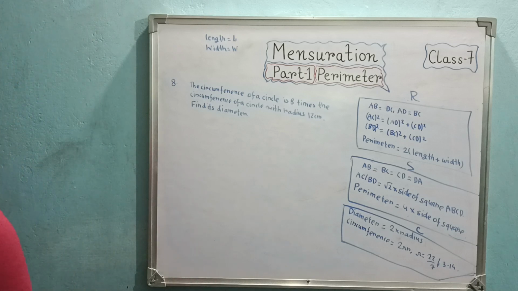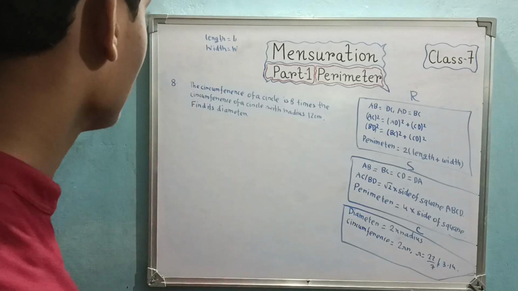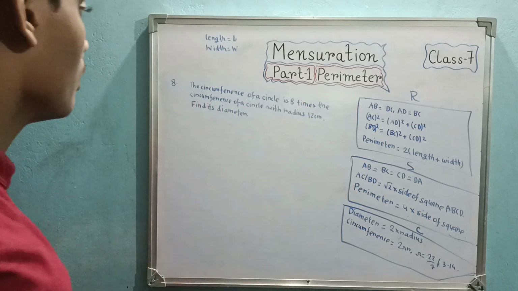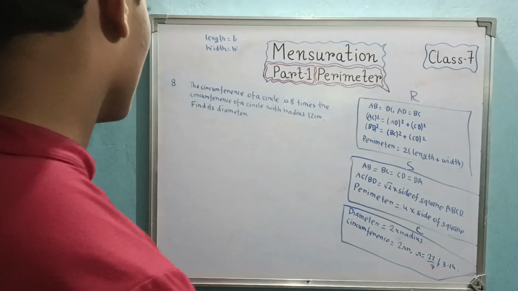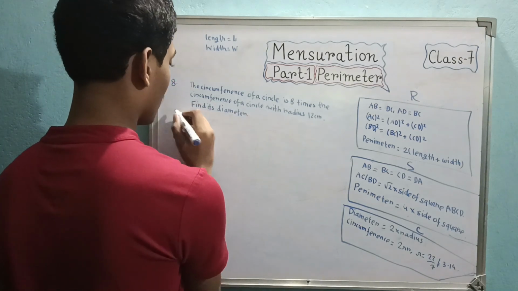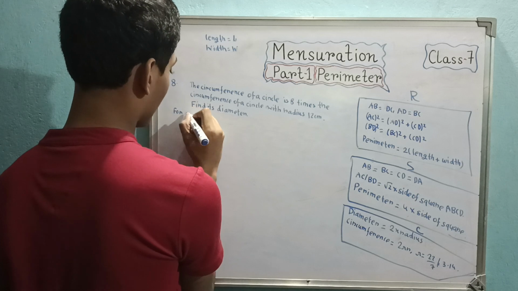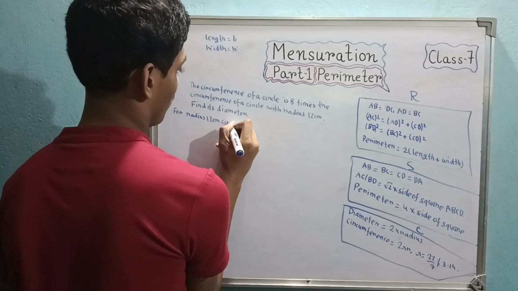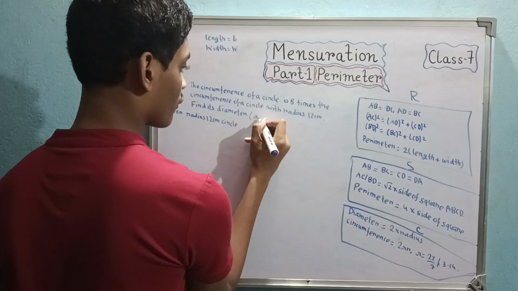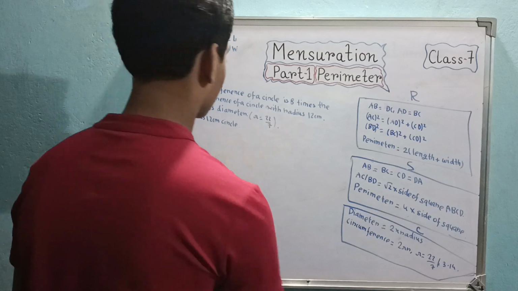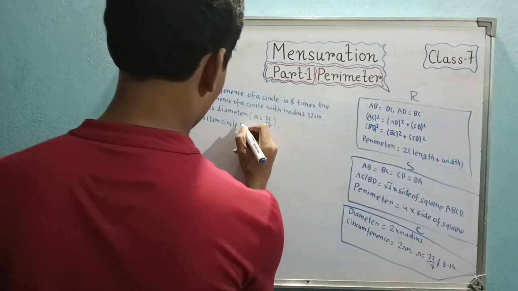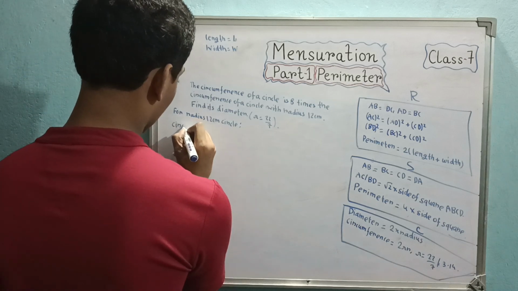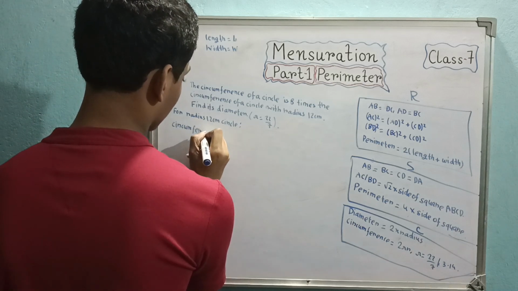Okay. First of all, we have to find out the circumference of this circle first, whose radius is 12 centimeter. So for the radius 12 centimeter circle, pi is given as 22 by 7. So we know the circumference formula. It is 2 pi r.